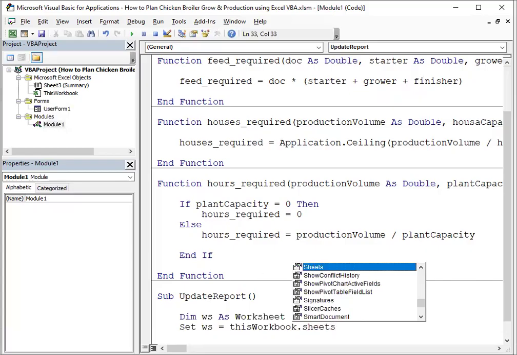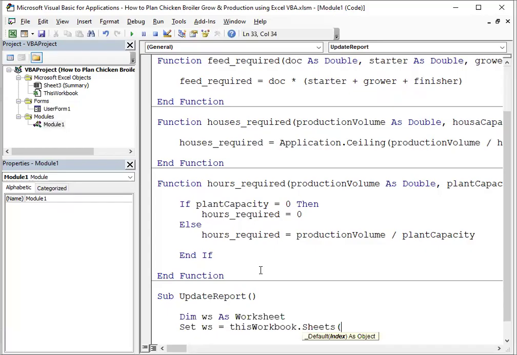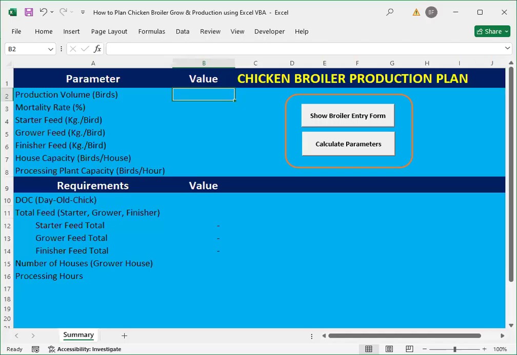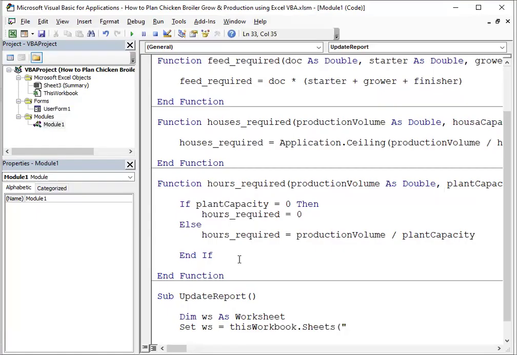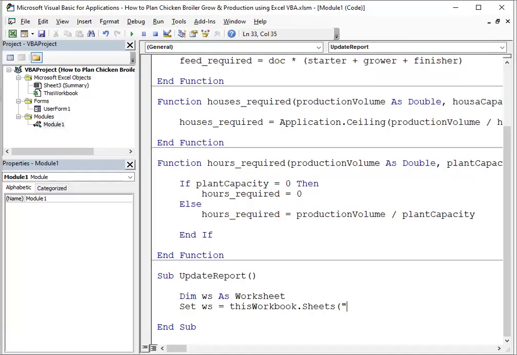Remember the sheet that we have in the Excel, which is called, I think, summary. We're going back there. See, the name of the sheet is summary. It should be the same spelling, otherwise again we're going to have problems, errors.